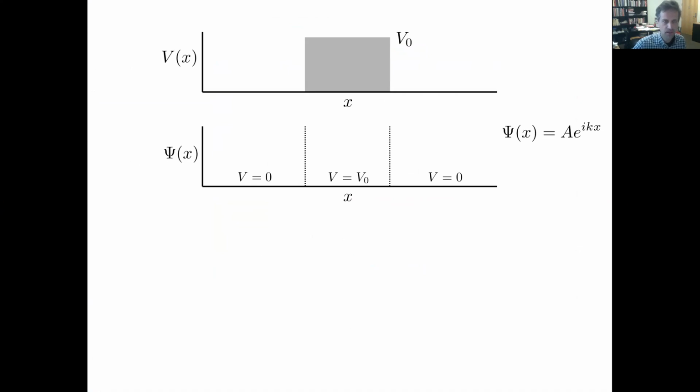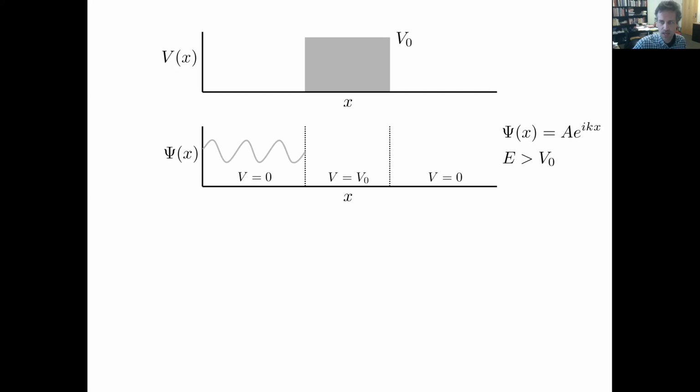Now, if it is in the area all the way to the left, it can move in an oscillatory motion. That's the wave-like property of the wave function. But if it now hits this barrier, in case 1, when the total energy of the particle is still higher than V naught, the wave function still looks the same.